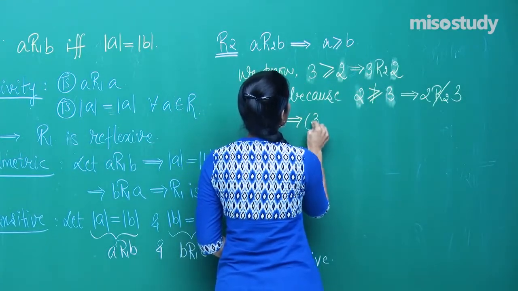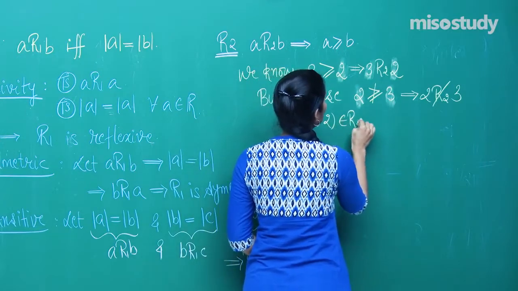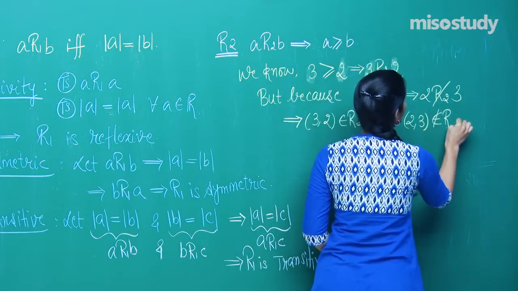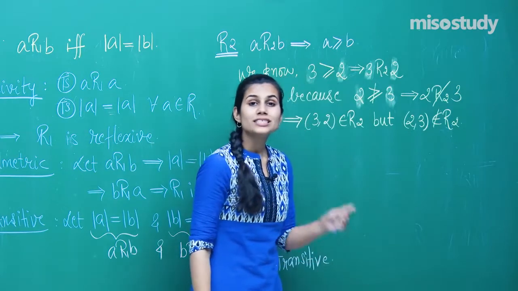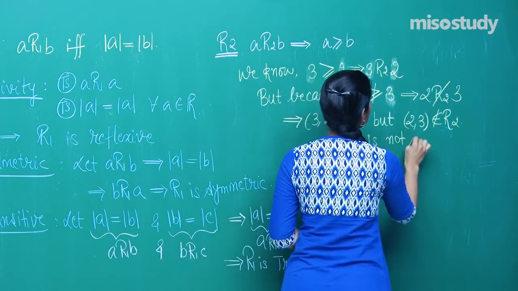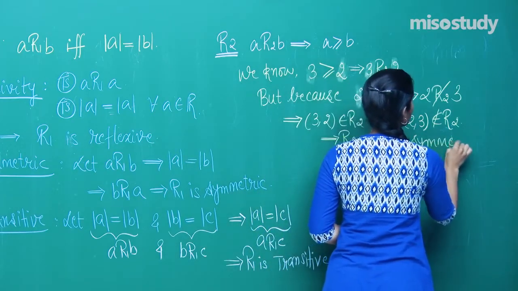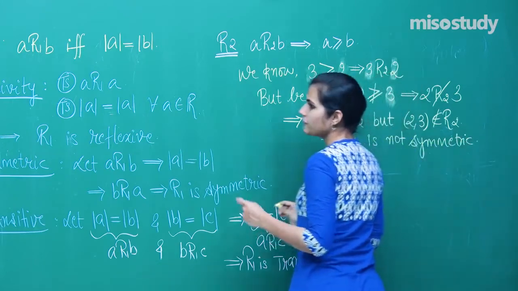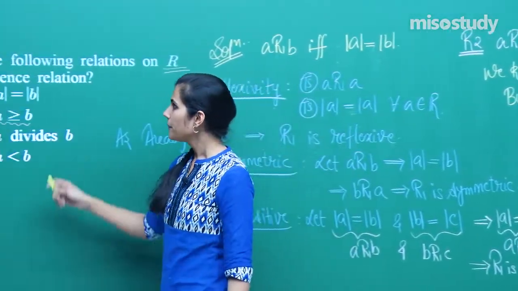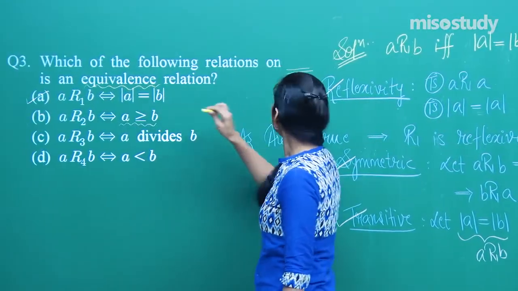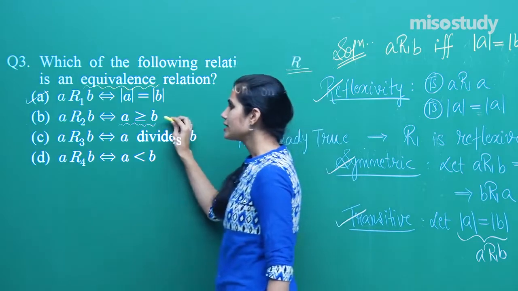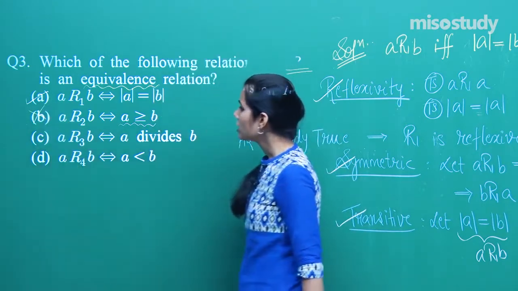And this means 3, 2 belongs to R2, but 2, 3 does not belong to R2, and therefore R2 is not symmetric. The moment you have that R2 is not symmetric, it definitely cannot be an equivalence relation, because for equivalence, I need reflexivity, symmetricity and transitivity.